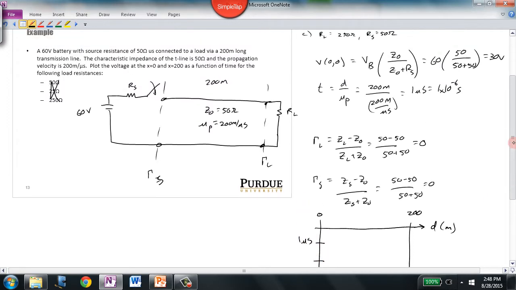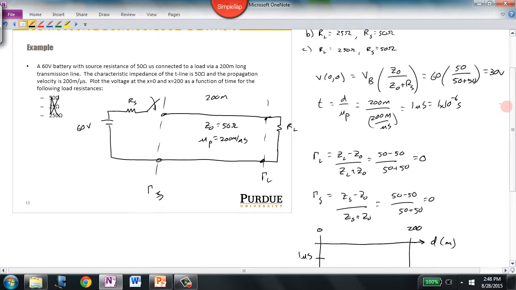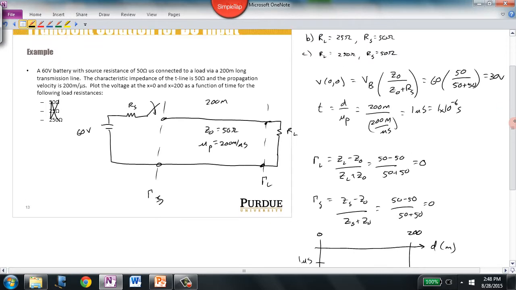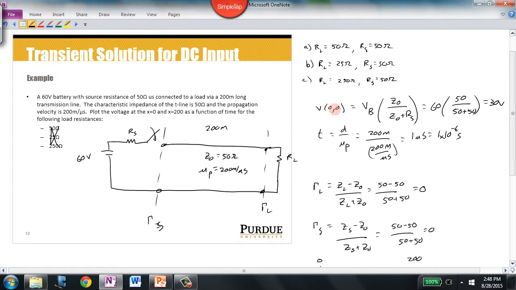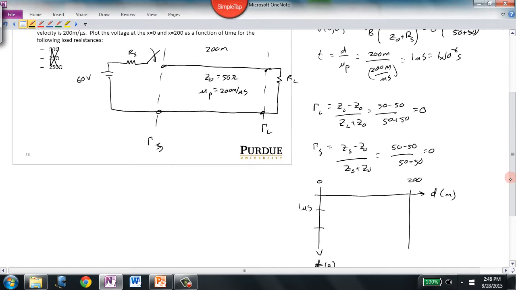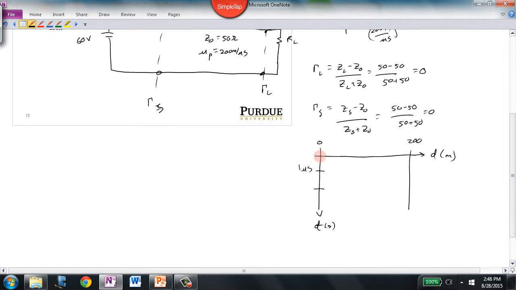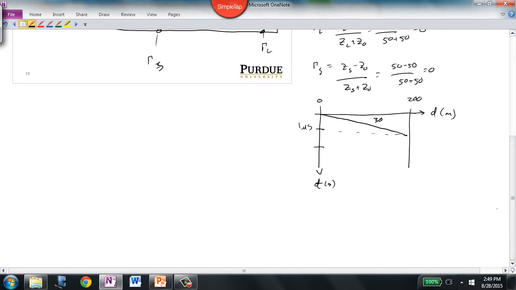The voltage at the input end is 30 volts. So we get a 30 volt wave that takes 1 microsecond to get to the other side. When it reaches there, there is no reflection coefficient, meaning all the voltage is transmitted to the load. So this is 30 volts. There is no first reflected voltage wave, so that's the entire voltage on the transmission line.